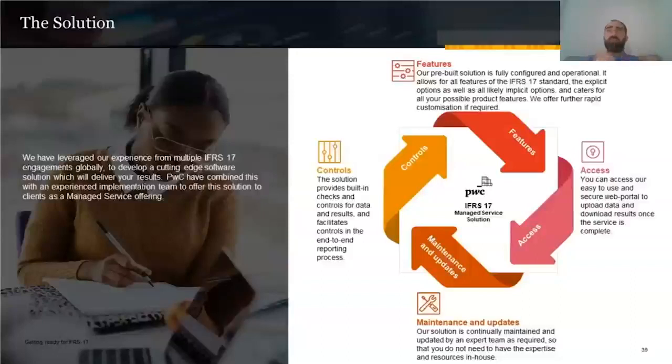If you have the data and you've made the decisions, you can upload the data through a secure web portal. The calculations will be performed and passed back to you. Another feature is that for any changes in the standard, the model will be updated. You don't have to worry about any maintenance or updates that will be made to it.